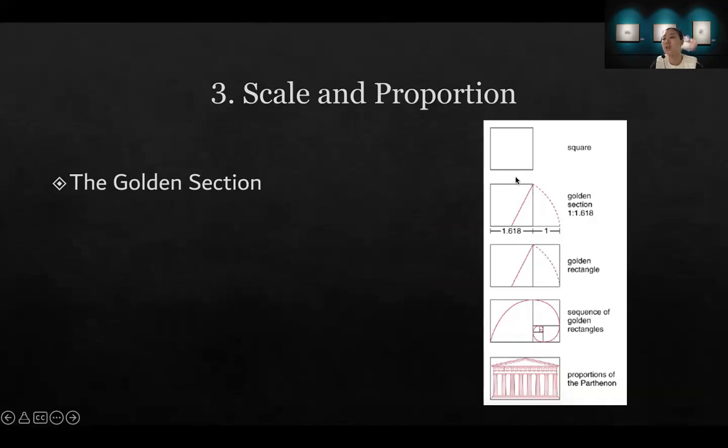The golden section is a ratio of a line divided into two segments so that the sum of both segments is to the longer segment as the longer segment is to the shorter segment. So the result is 1 to 1.618.